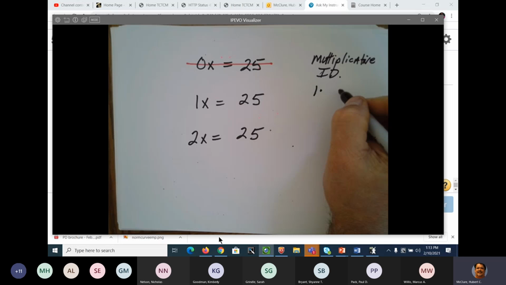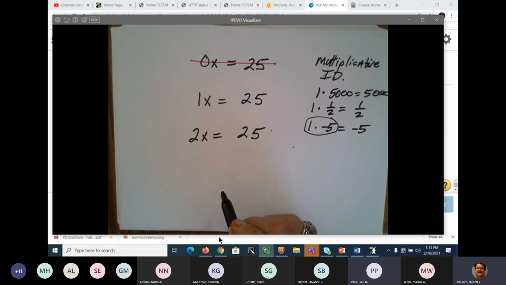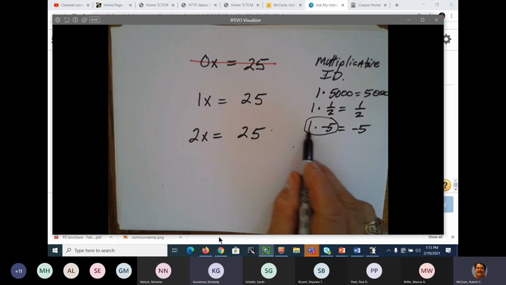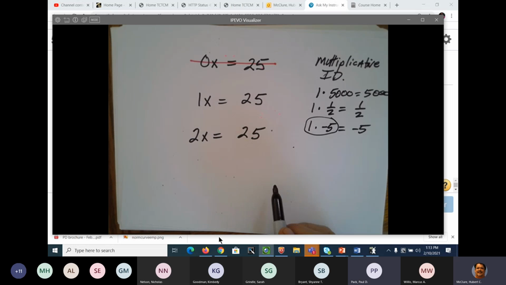So does 1 actually change anything when you multiply them? Yes or no? No. Doesn't change a thing.